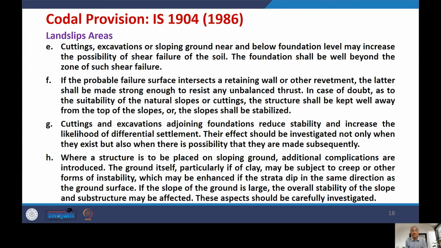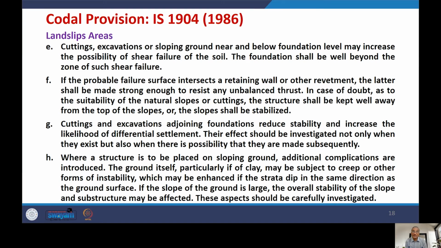Then next, cuttings and excavations adjoining a foundation reduce stability and increase the likelihood of differential settlement. Their effect should be investigated not only when they exist, but also when there is a possibility that they are made subsequently. Where a structure is to be placed on sloping ground, additional complications are introduced, and the ground itself, particularly if of clay, may be subjected to creep or other forms of instability, which may be enhanced in the same direction as the ground surface slope.